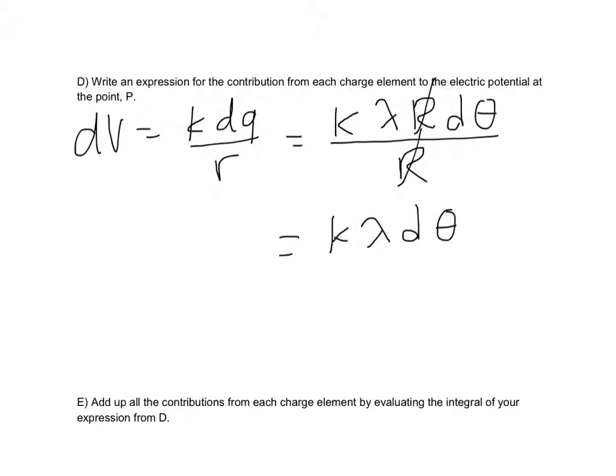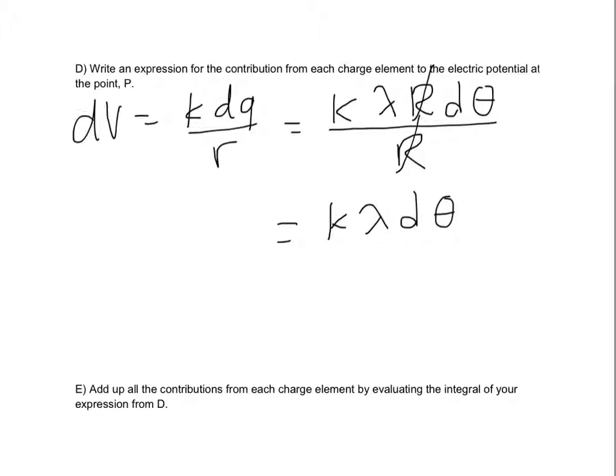This may look a little strange because it doesn't depend on theta, it's a constant, right? But if you think about it, each charge element, because it's a circle, is the same distance from the center. So each little piece of charge contributes the same amount to the potential, so it shouldn't really depend on the angle theta. Alright. Last part.